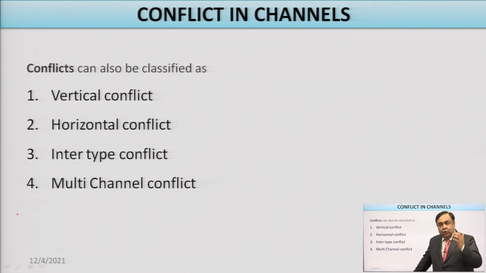The moment he puts a channel of distribution in place, at that same time he will have to incur the cost. So, he has to see whether the cost is more.